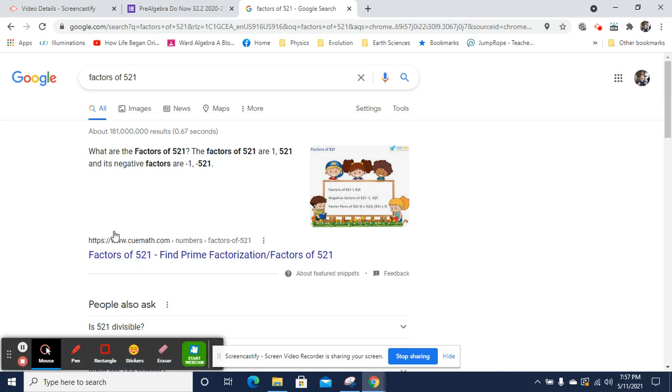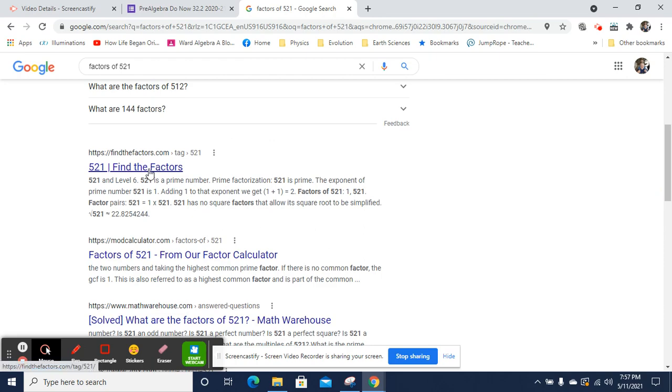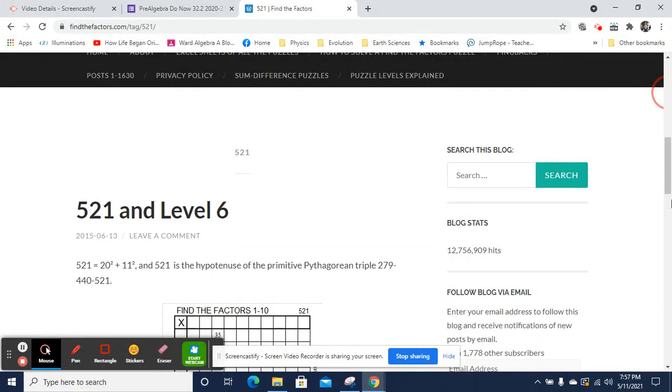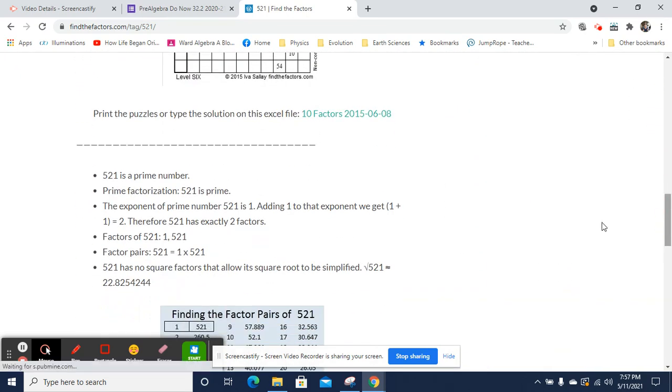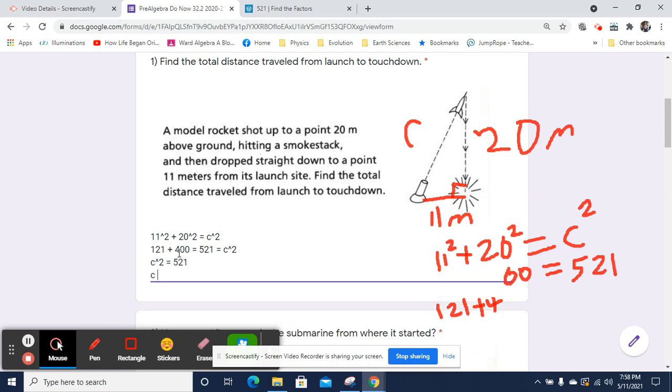It is indeed prime. I will confirm that really quickly. Find the Factors is a great website for checking this sort of thing out. And so 521 is a prime number, so it has no other factors. So c squared equals 521. C will equal the square root of 521.